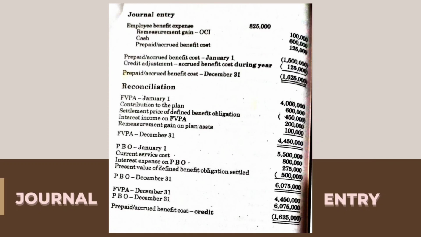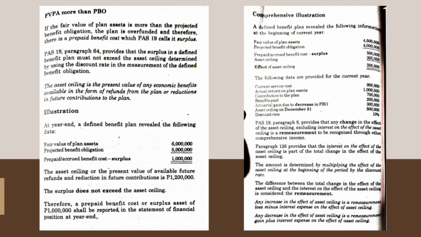FVPA on December 31 again is 4,450,000, and PBO on December 31st is 6,075,000. So the prepaid accrued benefit cost credit is 1,625,000.